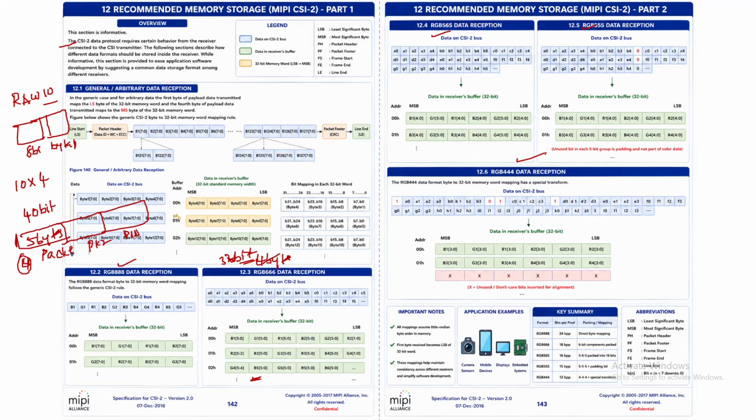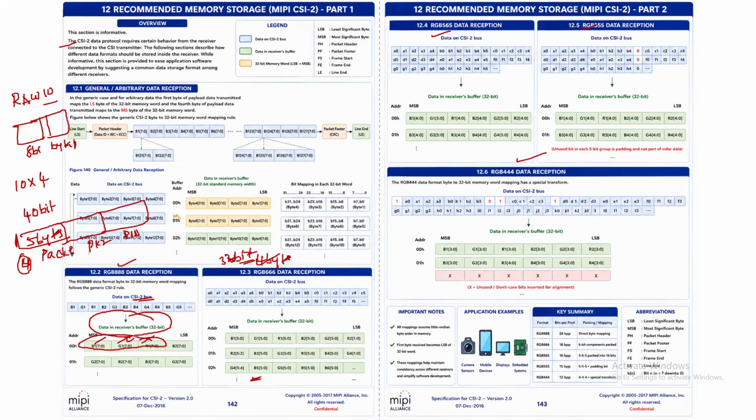All these data are based on RGB, but not only RGB, we can also have the YUV model and the RAW model. Based on that only, the receiver will know. So this 32-bit data is byte 0, B1, G1, R1.